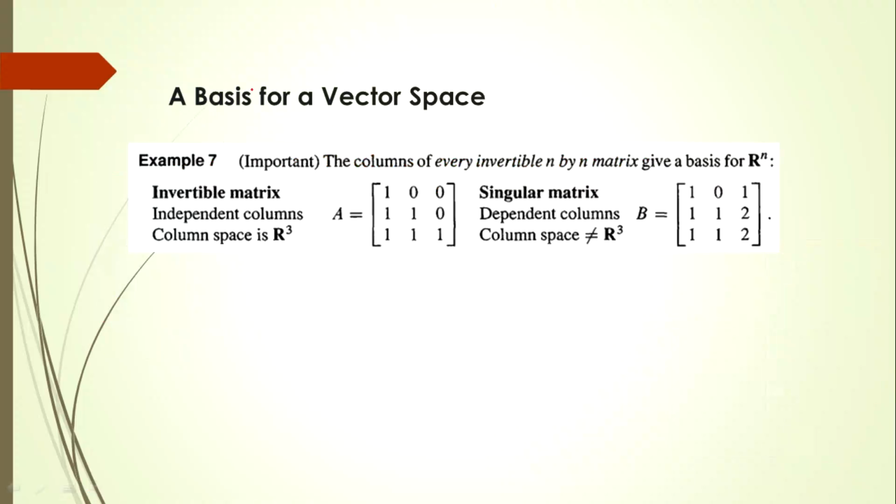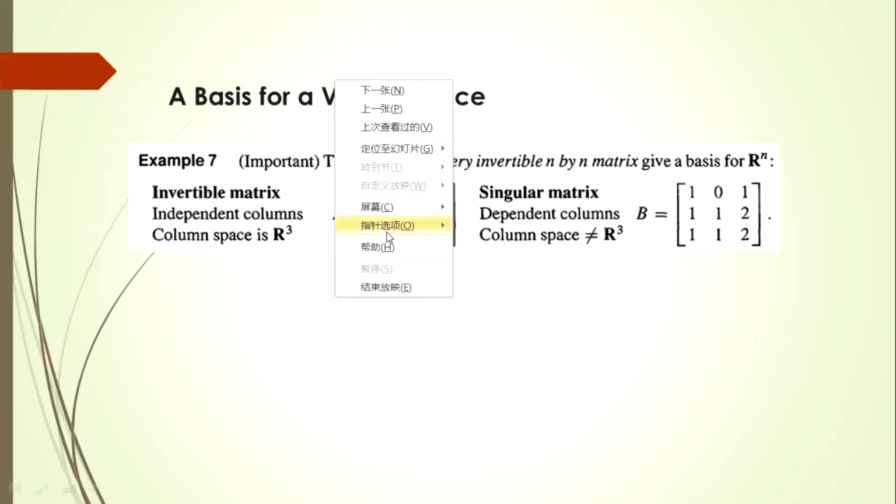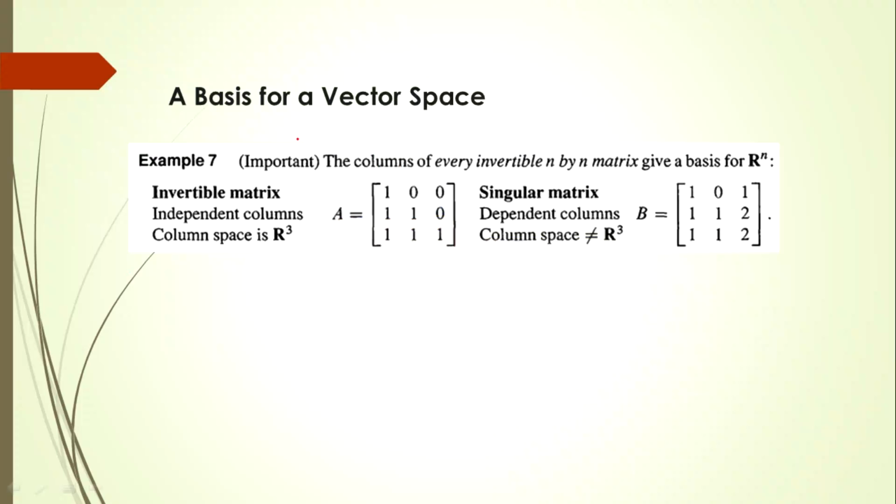Now let's look at this example to discuss the basis for a vector space. Here are two matrices A and B. A is invertible, but B is not. Now let's check how the basis can span the space.